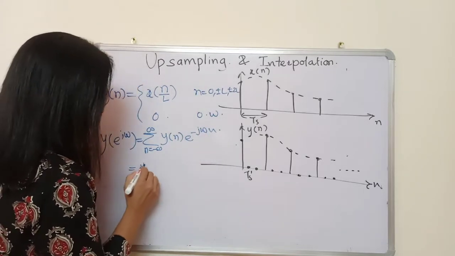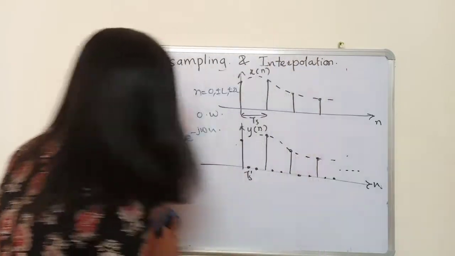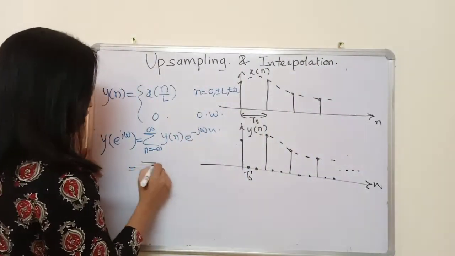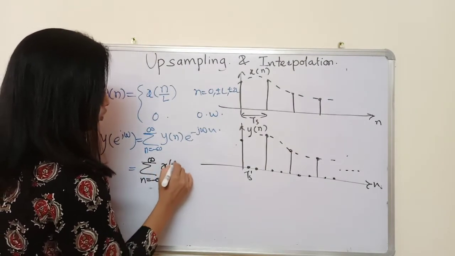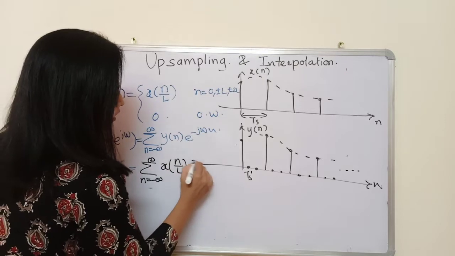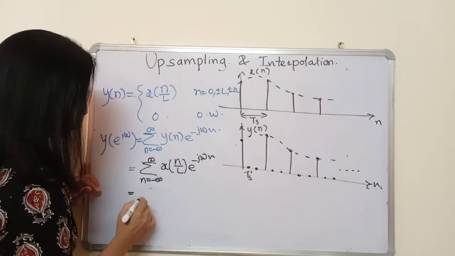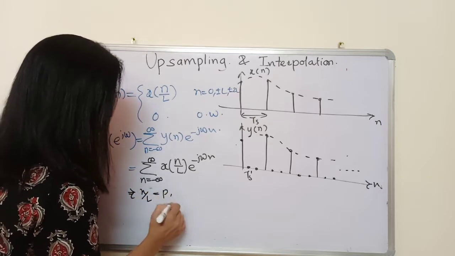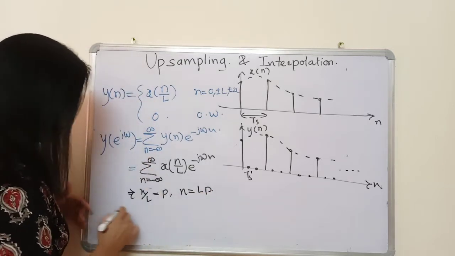So let us write what is y of n. It is x of n by L, e raised to minus j omega n. Now let us take n by L equal to p. So n is equal to L into p.